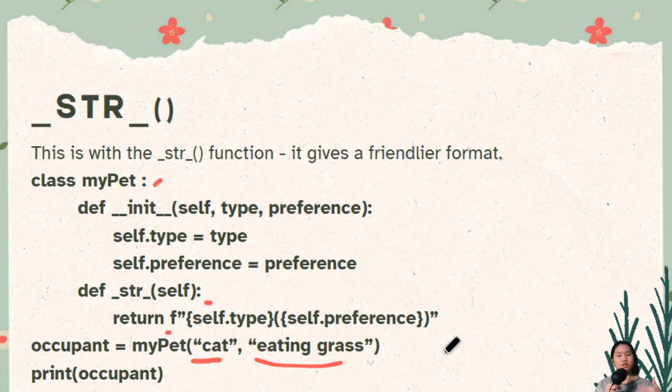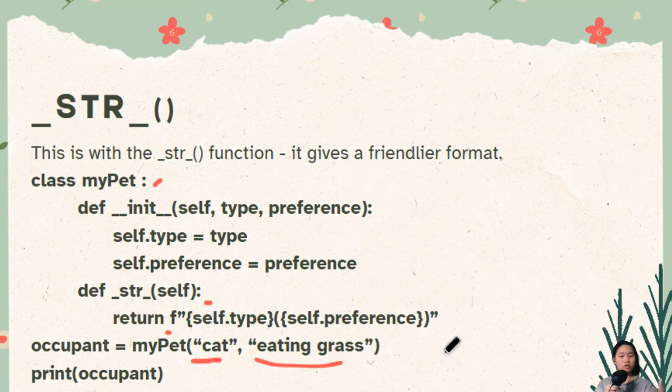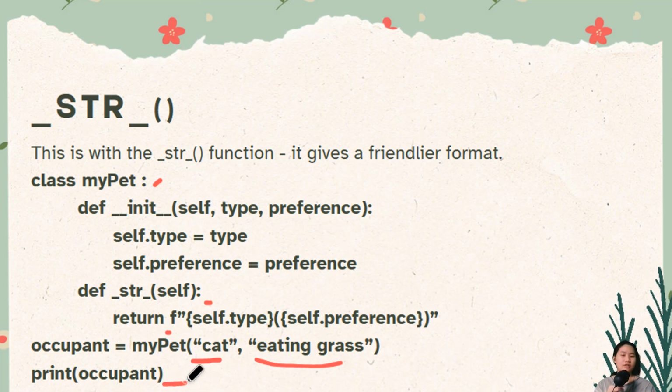Okay, so it's easier to read, easier to understand, and easier to know what we've coded, compared to the no string function result. And if we print occupant, it will return cat and eating grass, which I will show you, of course.